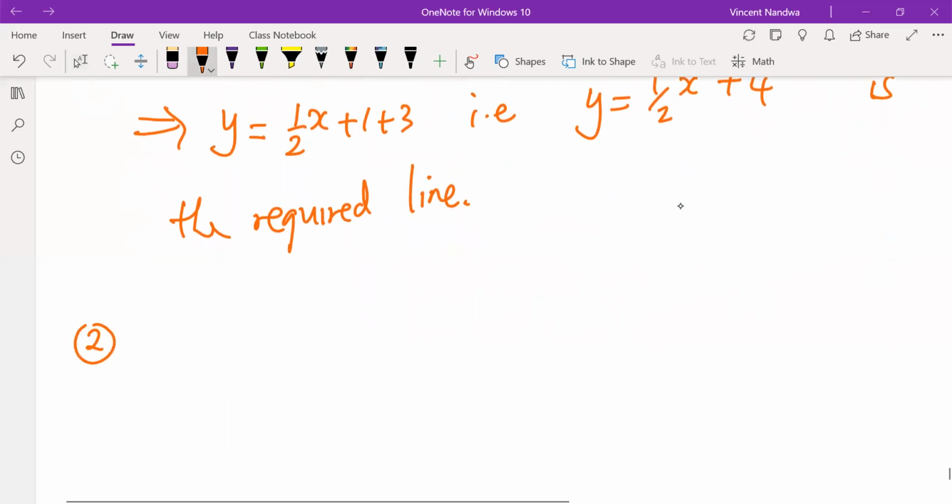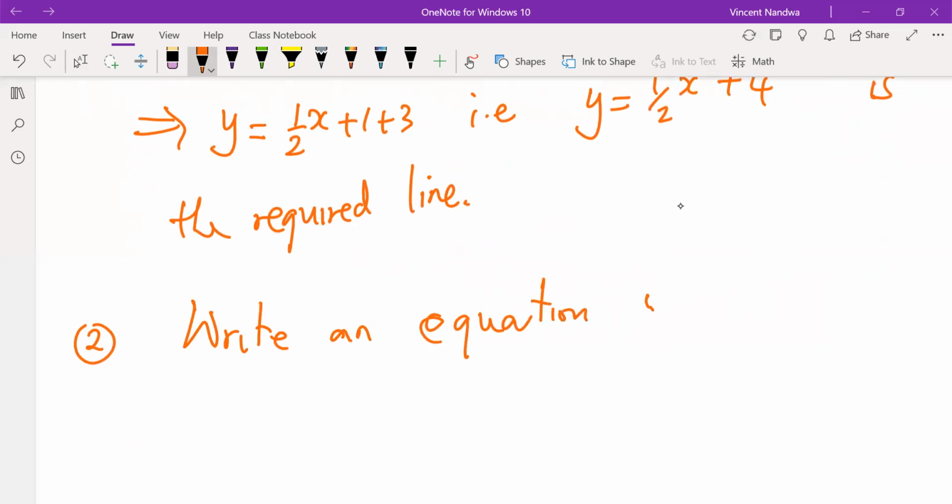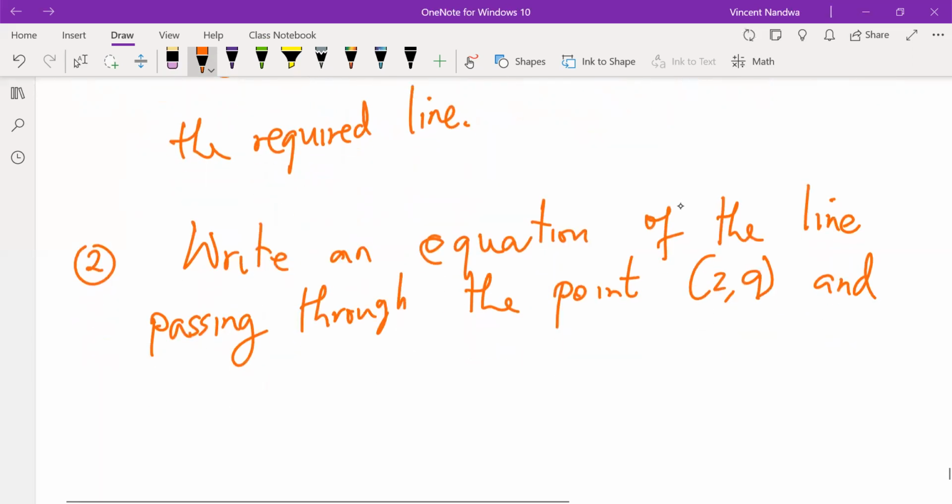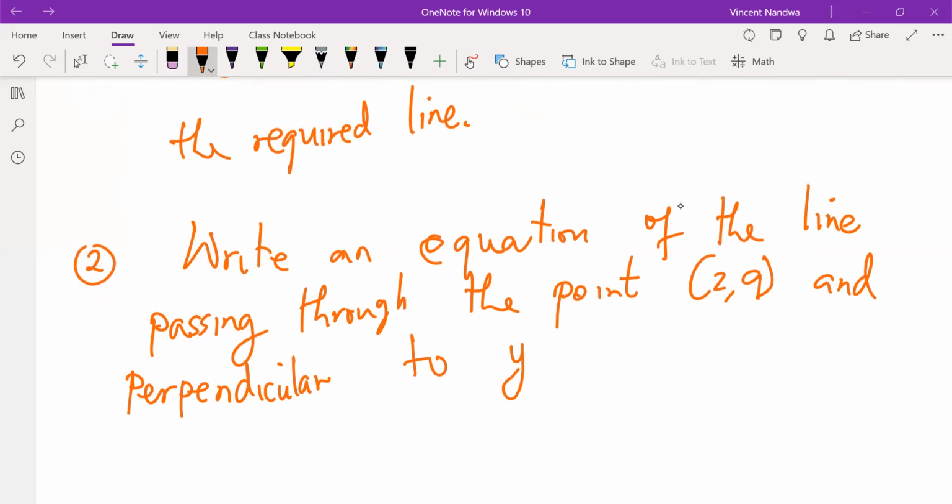Example 2: write down an equation of the line passing through the point (2, 9) and perpendicular to y equals 3x plus 4.